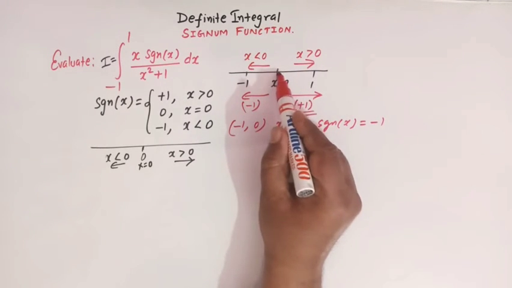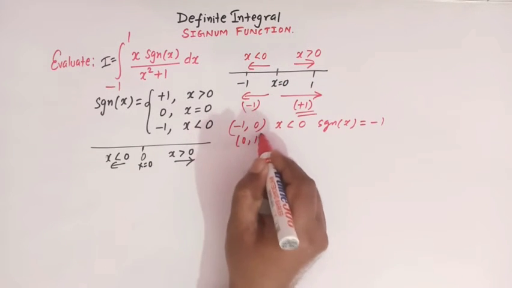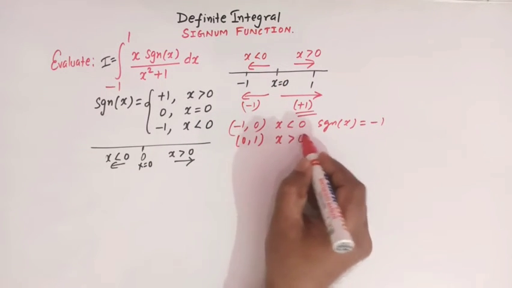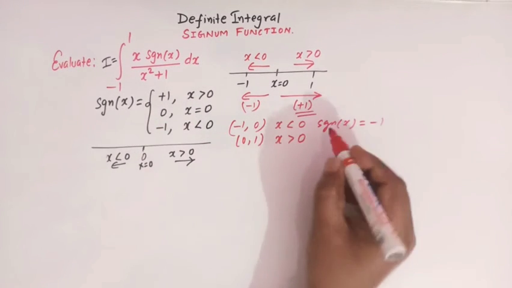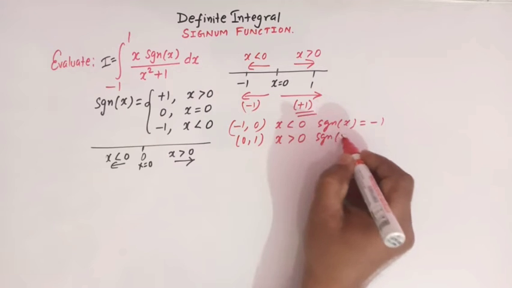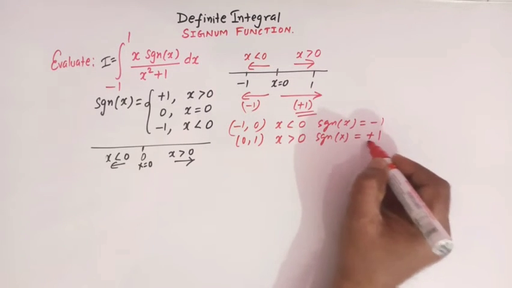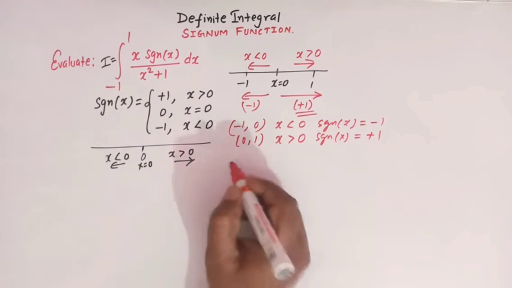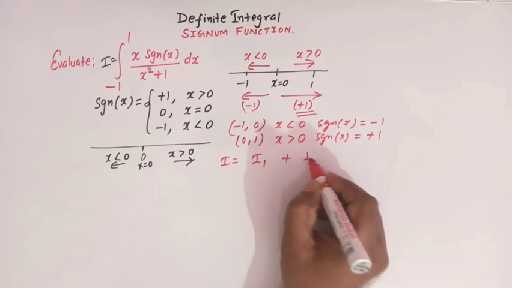And when we take the limits from 0 to 1, x is obviously greater than 0, and when x is greater than 0, signum of x will take the positive value, that is plus 1. So now I can be written as a sum of two integrals I1 and I2.